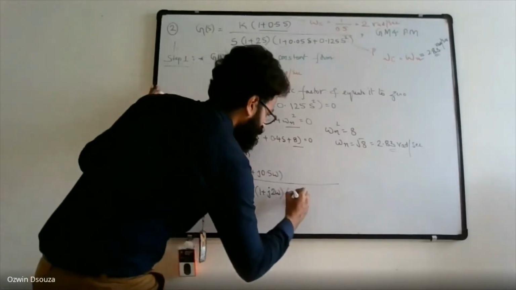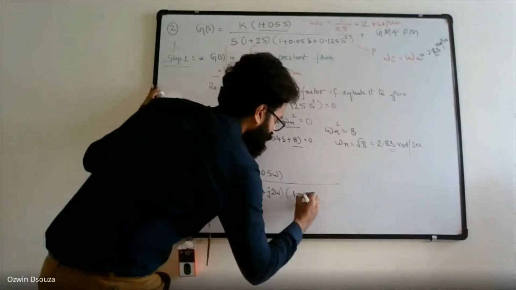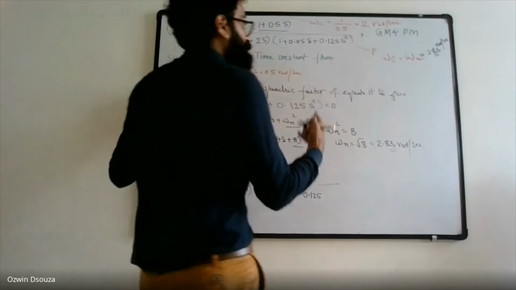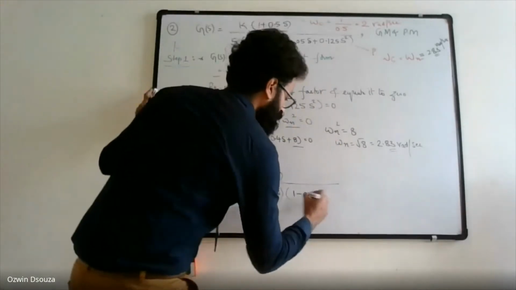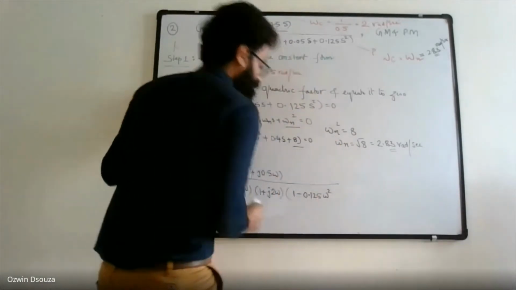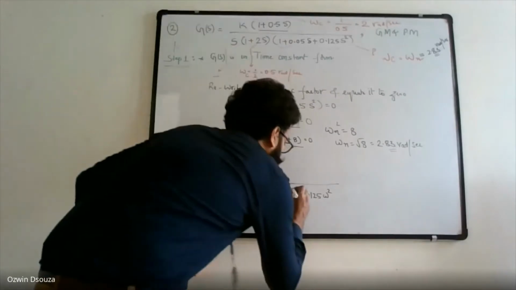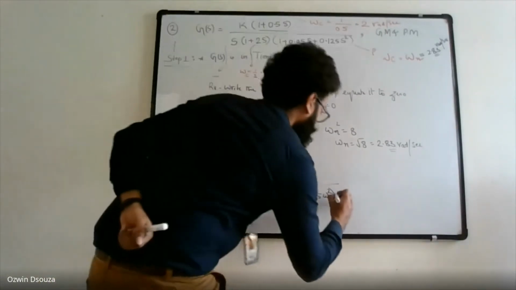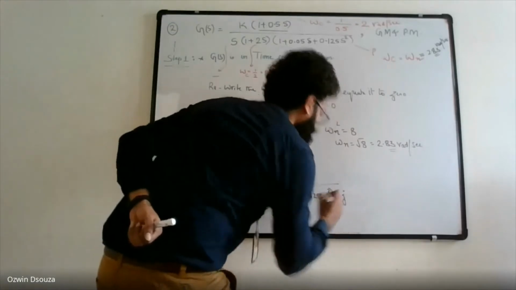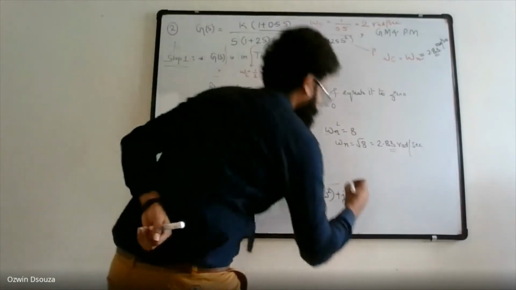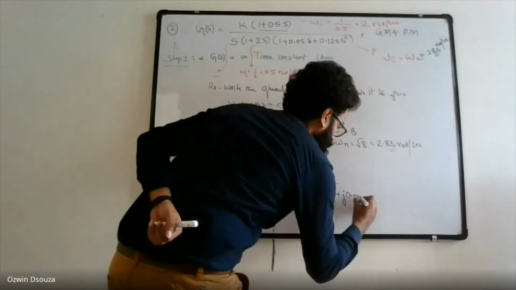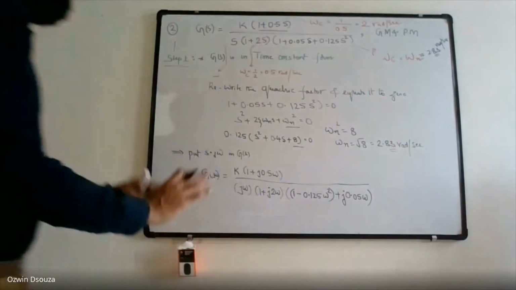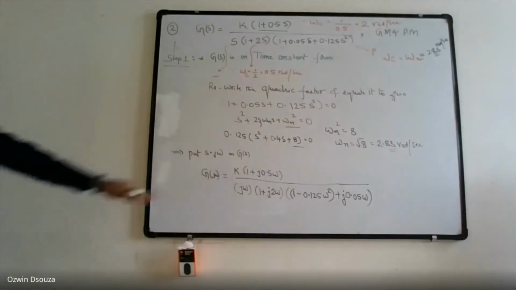Since s square is j omega the whole square, it becomes minus omega square. So that's my real part, and the imaginary part is going to be j 0.5 omega. So that's my transfer function in the frequency domain.